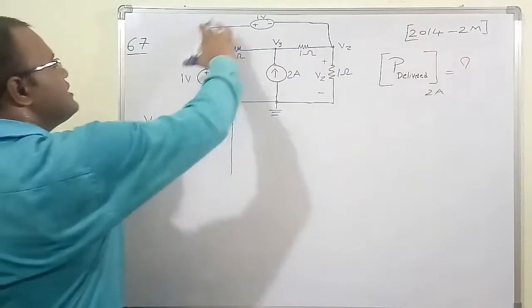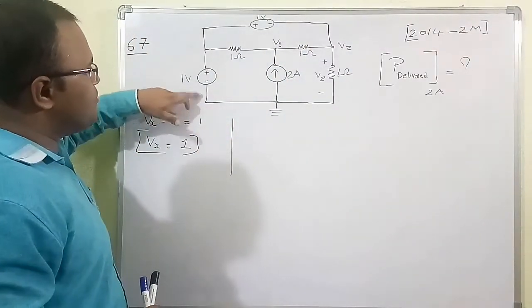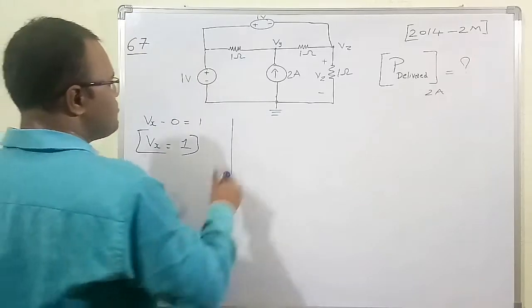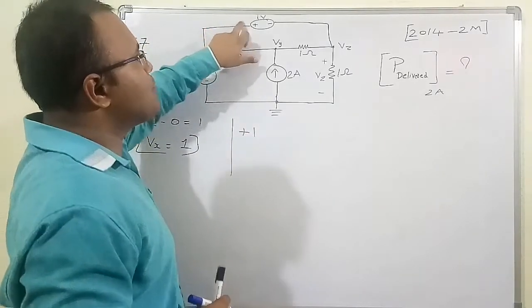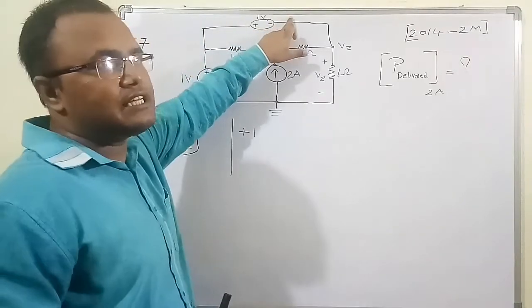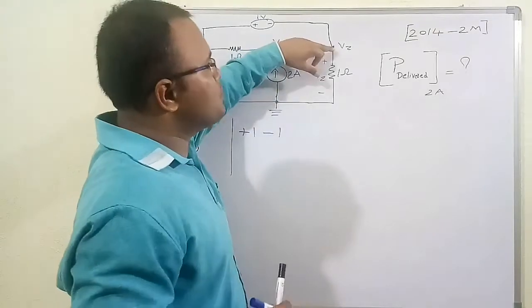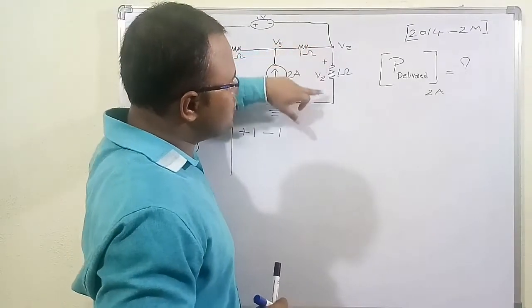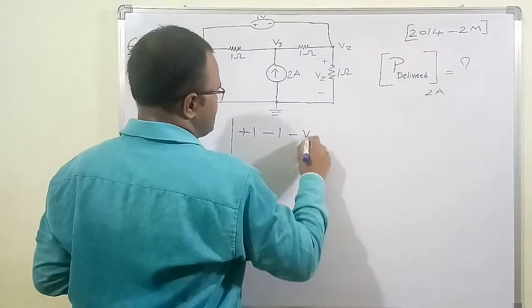If I write the KVL in this outer closed loop, going from positive to negative, there is a rising potential which is plus 1. After traveling up to here, again going from positive to negative, there is a dropping potential which is minus 1. And after coming up to here, again going from positive to negative, there is a drop in potential which is minus Vz.